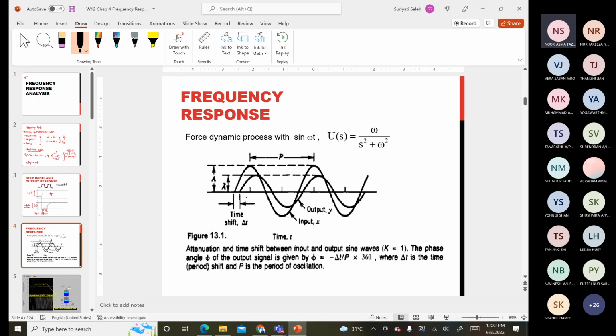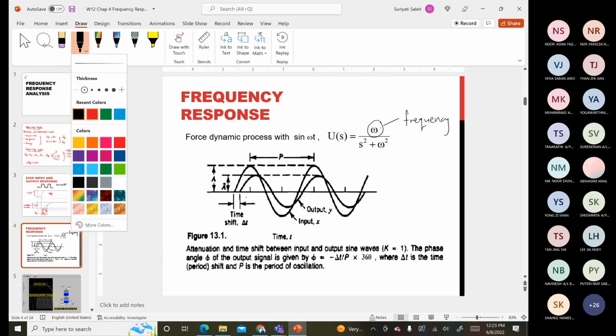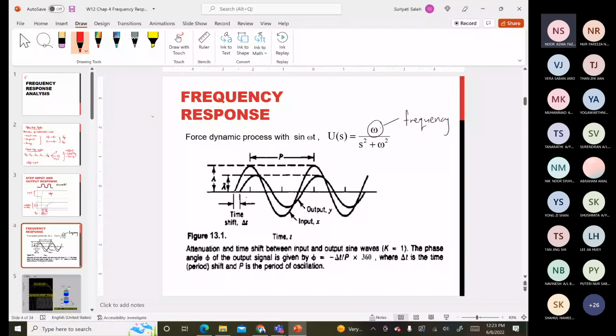So to adapt that, we use the frequency response, where normally we have the frequency W. Of course, when we have a frequency, that means we have the oscillation rate, where you can see in this case the graph shows the increment and the decrement. So it completes one cycle, where the P here is known as the period of oscillation.